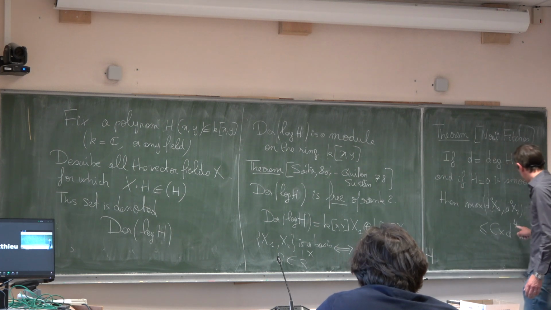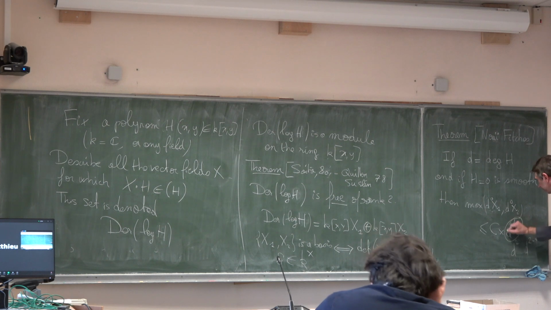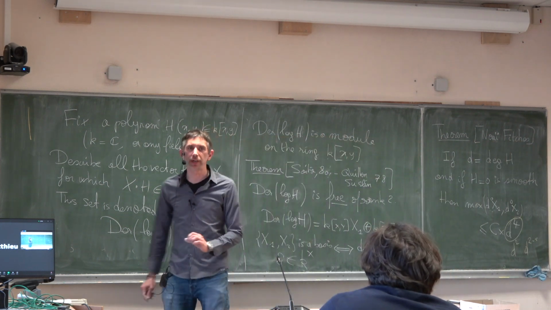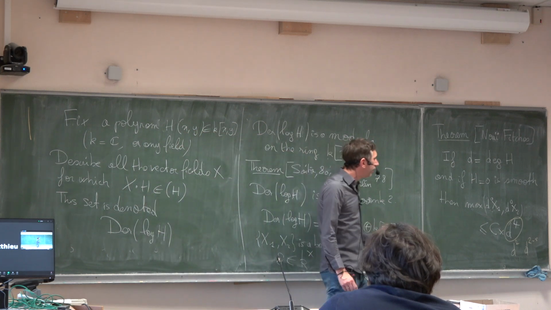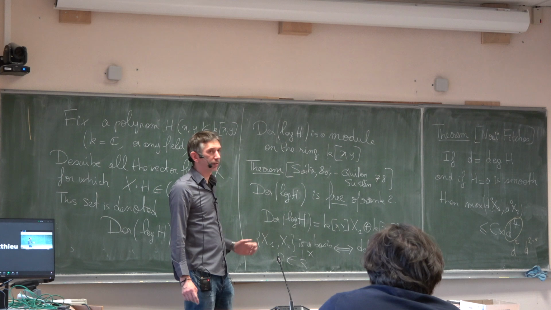I always found something which is more or less equal to d squared, and sometimes d squared minus epsilon. I mean, this d^4 is not natural. It should be at most d squared and maybe even linear in d. But for now, it's kind of mysterious.